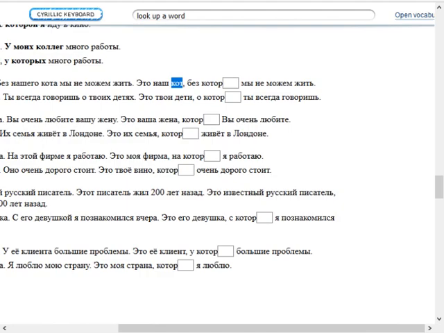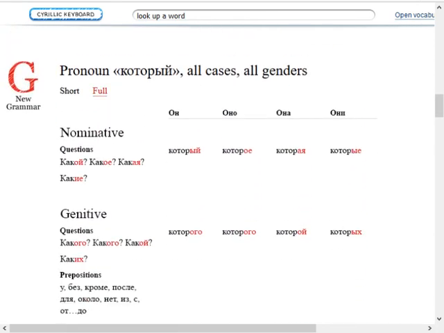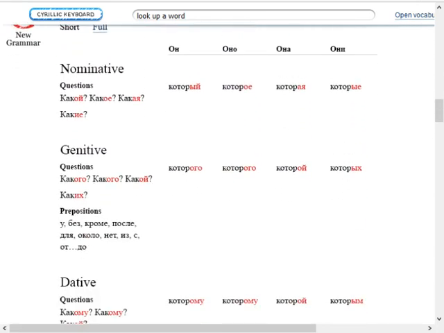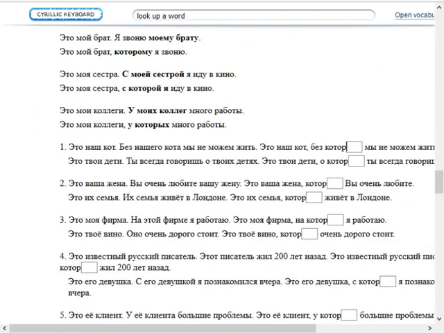So this is obviously masculine, and без is genitive. So genitive masculine becomes которого. That should then be, here should be без которого.